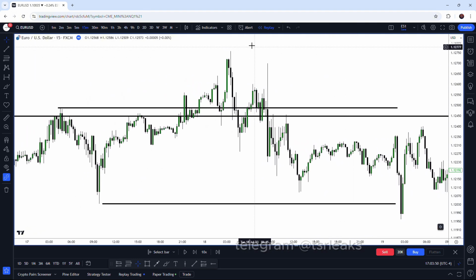So we have a thick up close candle tapping into liquidity. This is clearly the order block, no doubt about it. As soon as we get a close below, order block has been validated.